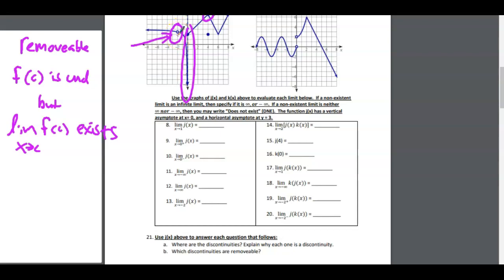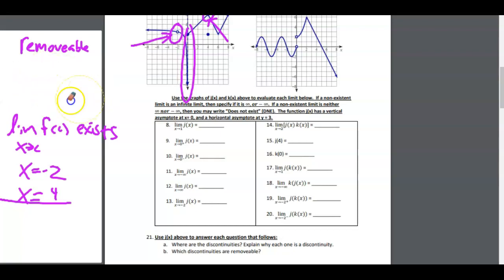Now, I guess actually I need to revise what I'm saying. I believe this is technically also a removable discontinuity. So I'm going to go ahead and put both of those. We're going to say x equals -2, and we're going to say x equals 4. Now, why am I saying x equals 4? So maybe I should rephrase this a little bit to be more inclusive.